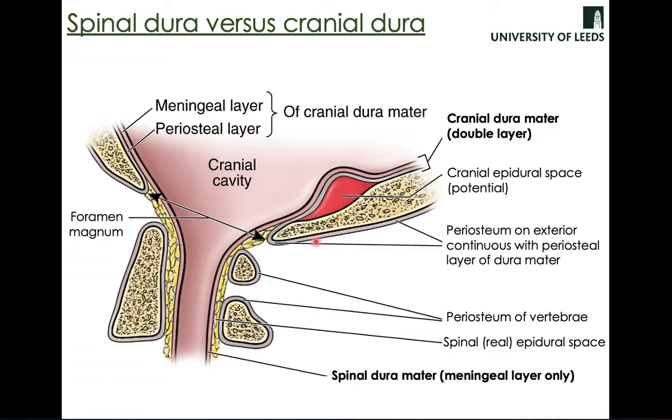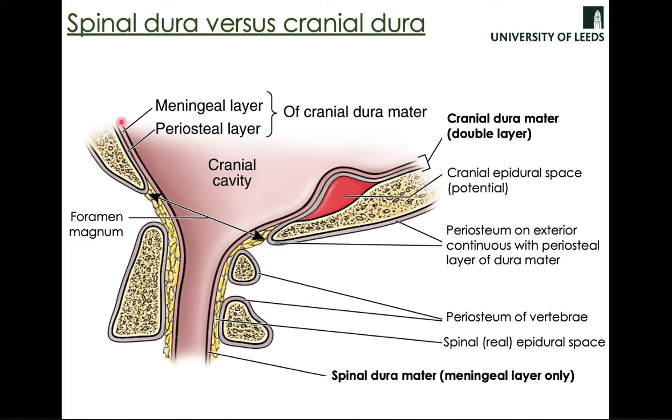So let's talk now a little bit more about that spinal dura versus the cranial dura. In this cartoon image, this is the cranial cavity without the brain and the vertebral canal without the spinal cord. We already know that in the cranial cavity, the dura is composed of 2 layers: the periosteal layer of the dura, which is in contact with the bone, and in contact with the other layer, the meningeal layer of the dura.